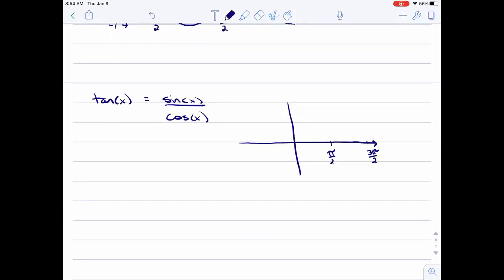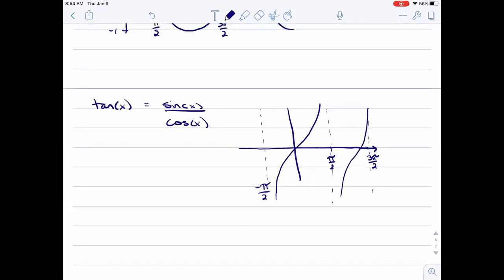And let's see if I can do this. I did not set it up very well. Here's negative pi over 2. Got smushed. But anyways, it's going to look like this. Nope. One curve, fine. Two curves, three curves, no thank you.